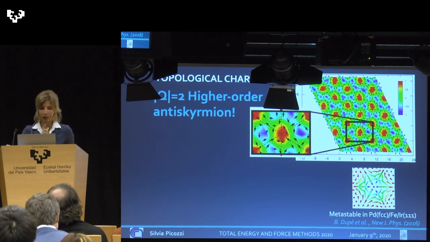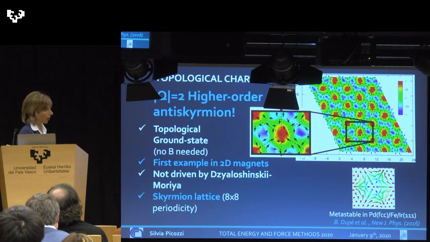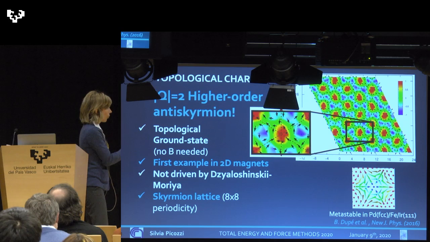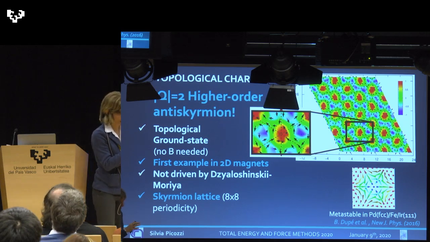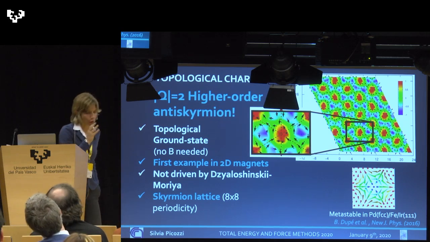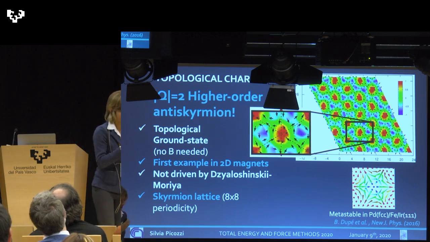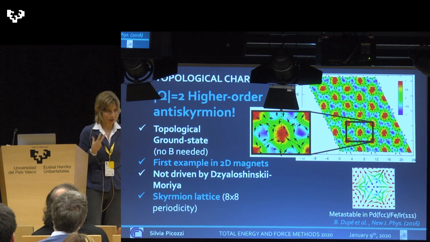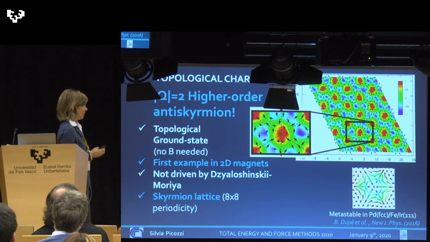However, they observe it under magnetic field, and also the origin is different, because generally skyrmions in the skyrmion community are driven by Dzyaloshinskii-Moriya. But here we don't have it, so it must be driven by something else.